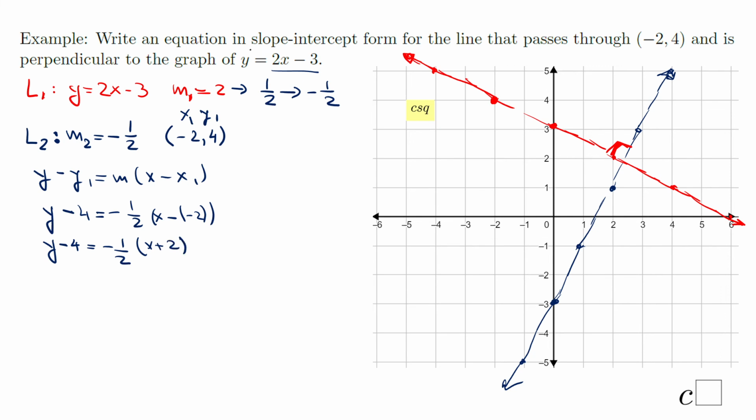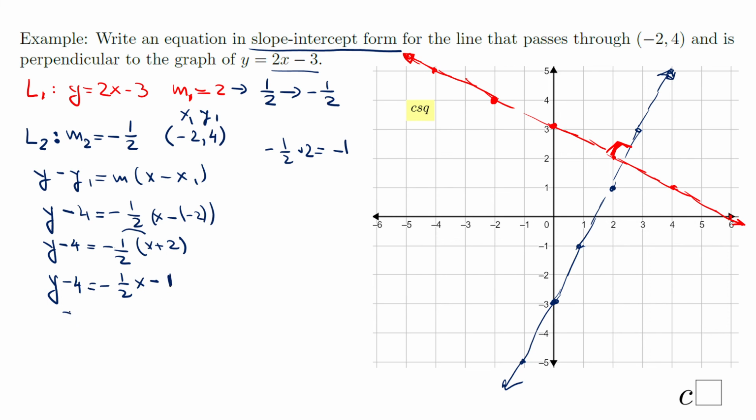Now we need the slope-intercept form, so I will do the distributive property. y minus 4 equals negative 1 over 2 x, and negative 1 over 2 times 2 is negative 1.